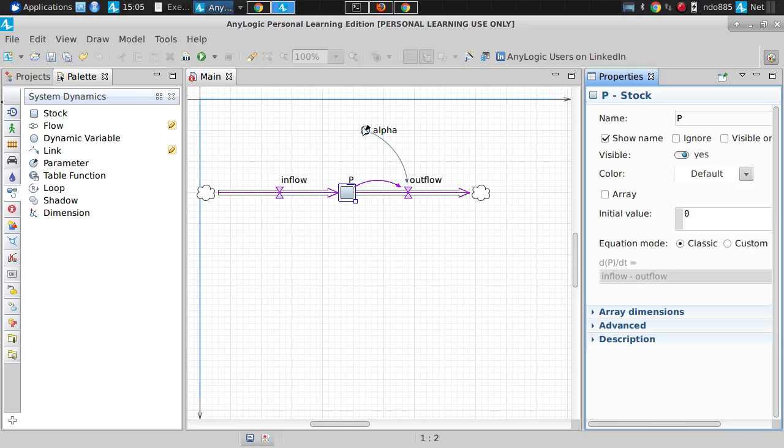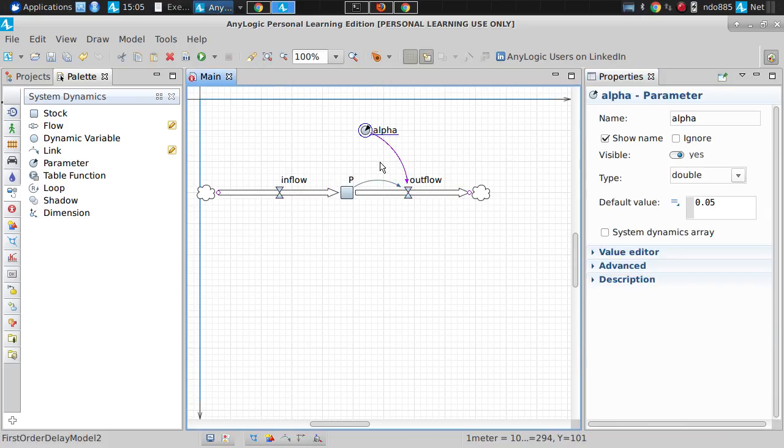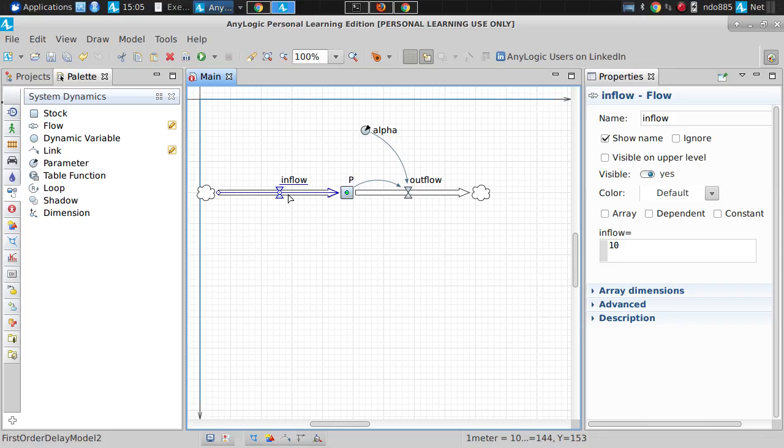So remember, alpha is 0.05, and the inflow right now is 10. If I run this model, to what value will P be attracted? Towards what value will P find stability? Will it find a balance where inflow equals outflow? At what value of P?